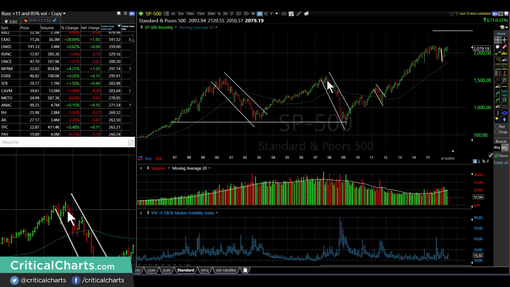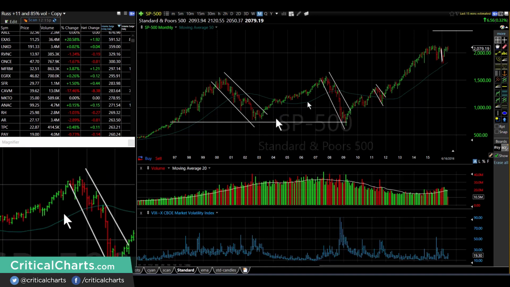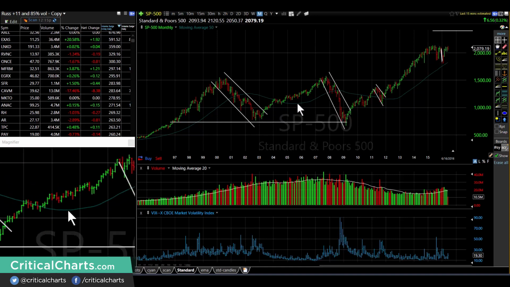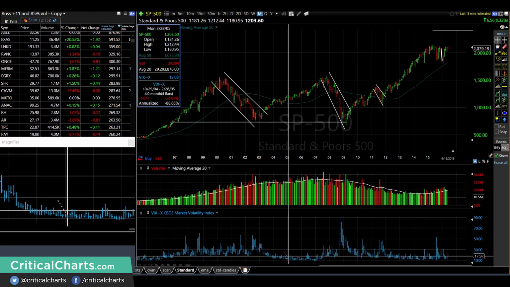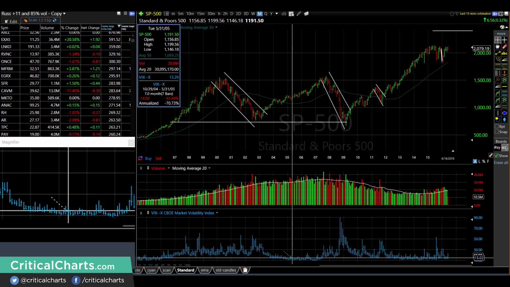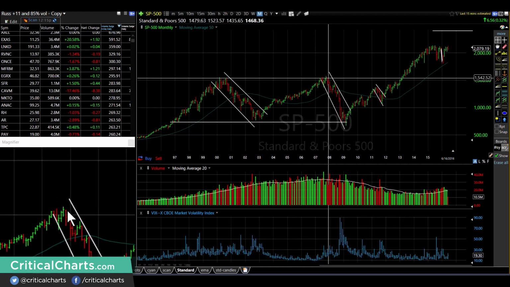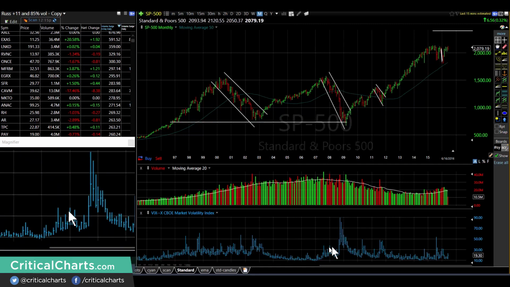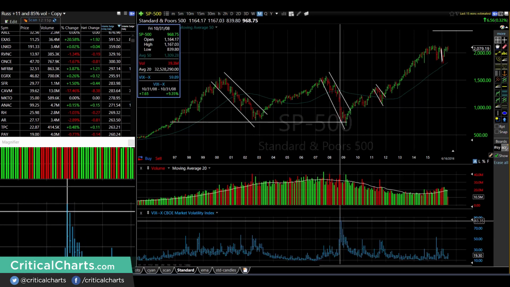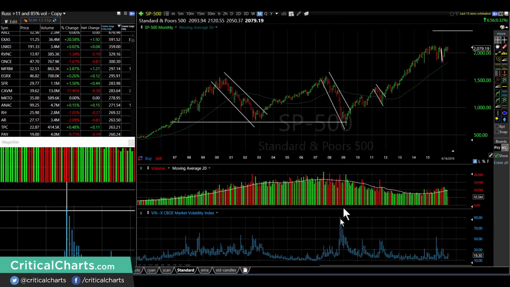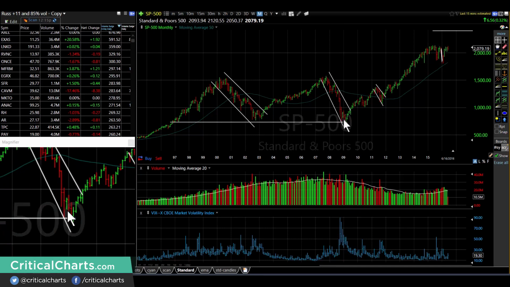When we had the upward motion in 2004, 2005, 2006, 2007, the VIX went down. We were right around the 15 point on the VIX. As we went into 2008, 2009, the VIX spiked up again, and we had about an 80, 90 point reading on the VIX. A lot of fear during that time frame.